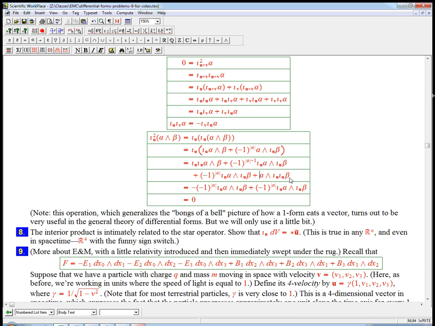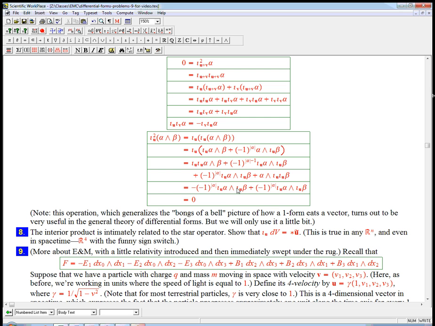Now here's where I use the inductive hypothesis. I have assumed that for low degree forms, say the degree that alpha and beta have, that IU squared is already 0. So let's assume that these guys die, and we just want to show that something of higher degree created by wedging these guys together, we don't know if that's 0, and that's what we want to show. So let's look at what we've got. This -1 to the degree alpha -1 is really key, because I can rewrite that as -1 to the degree alpha.